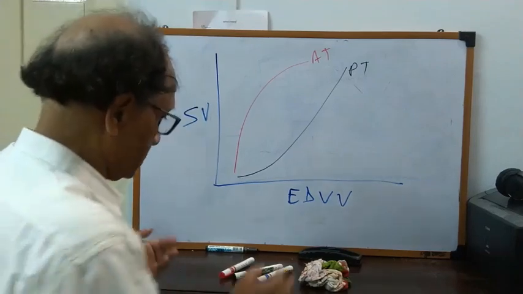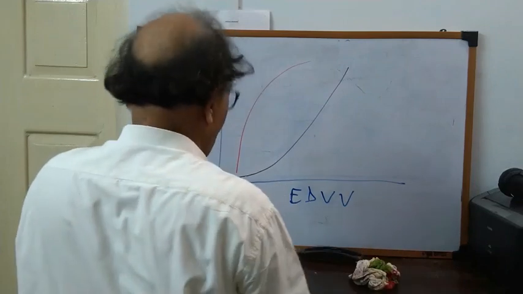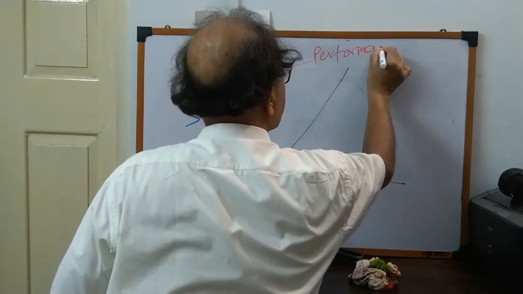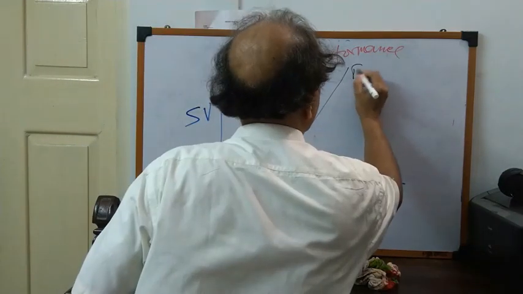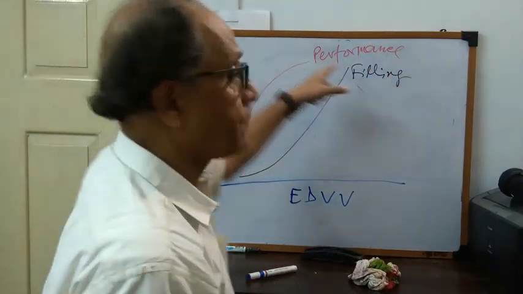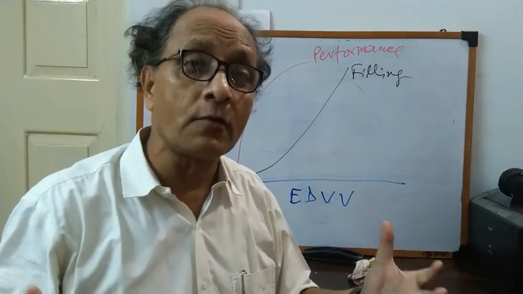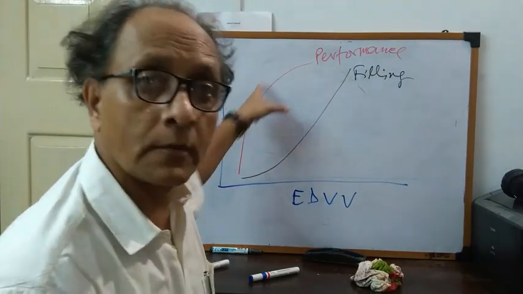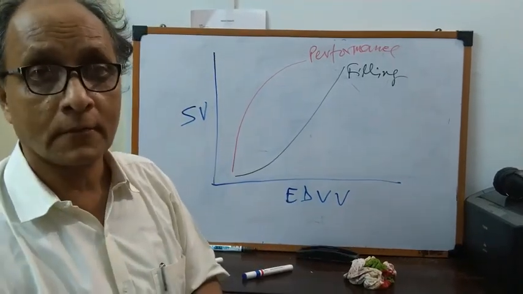Instead of AT, I can write performance, and instead of PT, I can write filling. This is a characterization of ventricular filling or ventricular relaxation characteristics, and this is the representation of ventricular activity or ventricular performance.